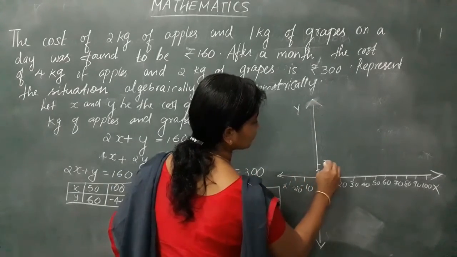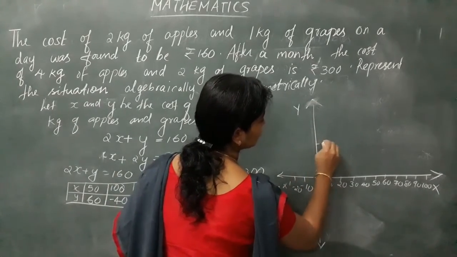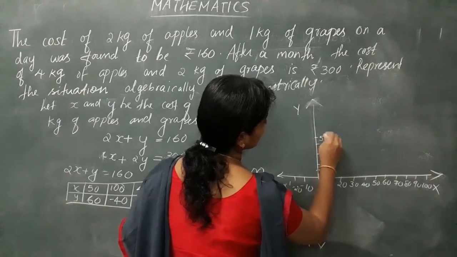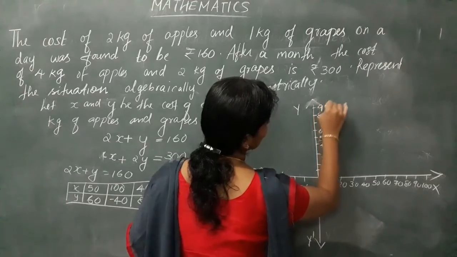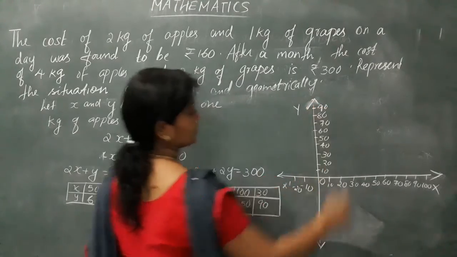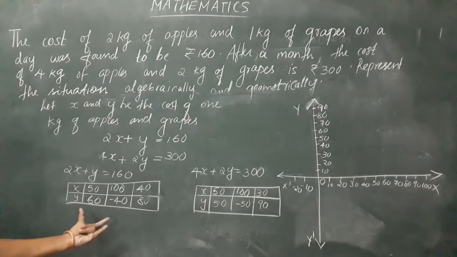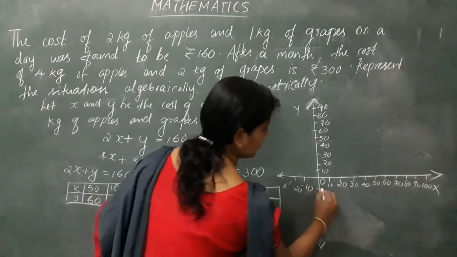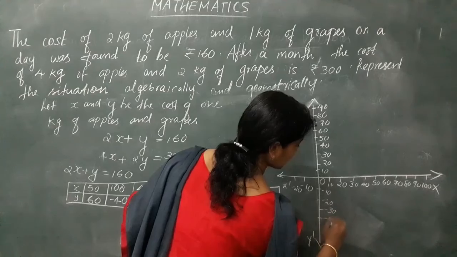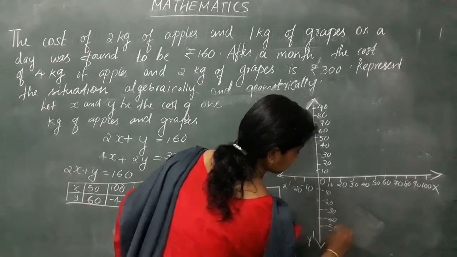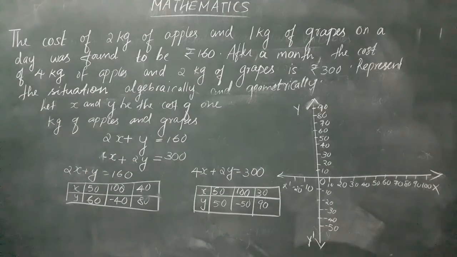So 10, 20, 30, 40, 50, 60, 70, 80, 90. And towards the negative side, we have minus 10, minus 20, minus 30, minus 40, minus 50. Clear? Now we will plot the points.